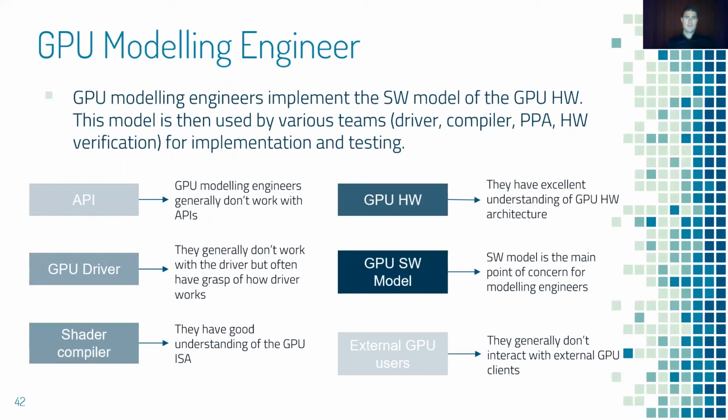So the main areas where GPU modeling engineers work, basically they will have a good understanding of the GPU ISA. They'll have very good, excellent understanding of GPU hardware architecture, and of course they work with the software model, so they know the ins and outs of it.